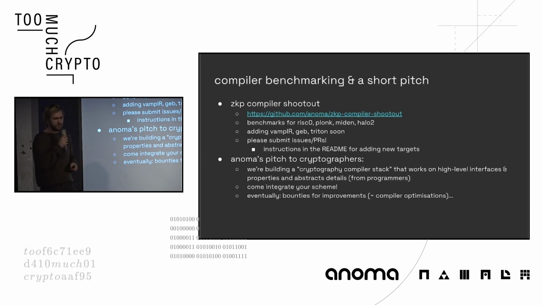I would say our pitch to cryptographers is that we're trying to build this compiler stack that works on higher level interfaces and properties and abstracts some of the details from programmers, both so that it's easier to write programs without getting low level implementation details of cryptography wrong, because it's easy to get those details wrong, and so that it's easier to take existing programs which have already been written, if they've been written in this higher level language, and just snap in the new cryptographic schemes by writing a new backend.